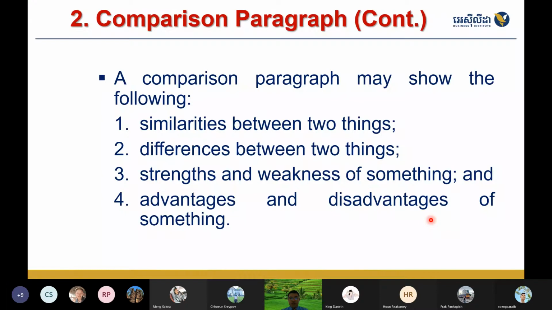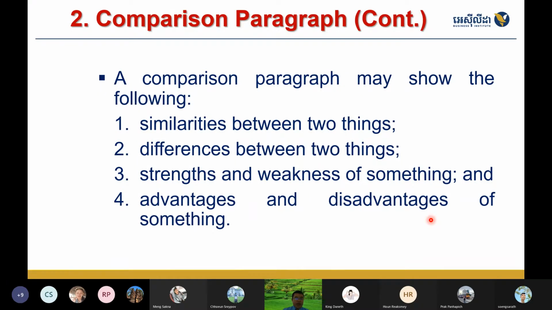So when we use a comparison paragraph, you have to show the following four criteria. The first one is similarity between two things, two people, or two ideas. Number 2, difference between two things, two people, or two ideas. And number 3, strengths and weaknesses of something.